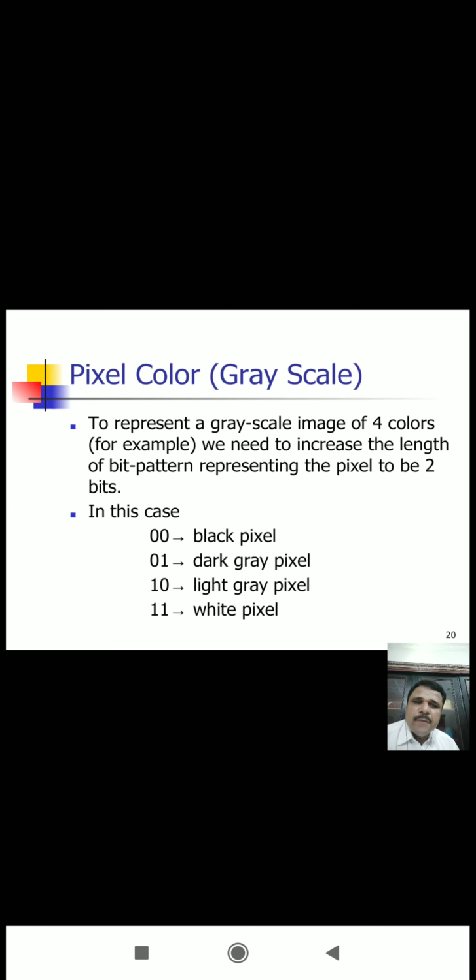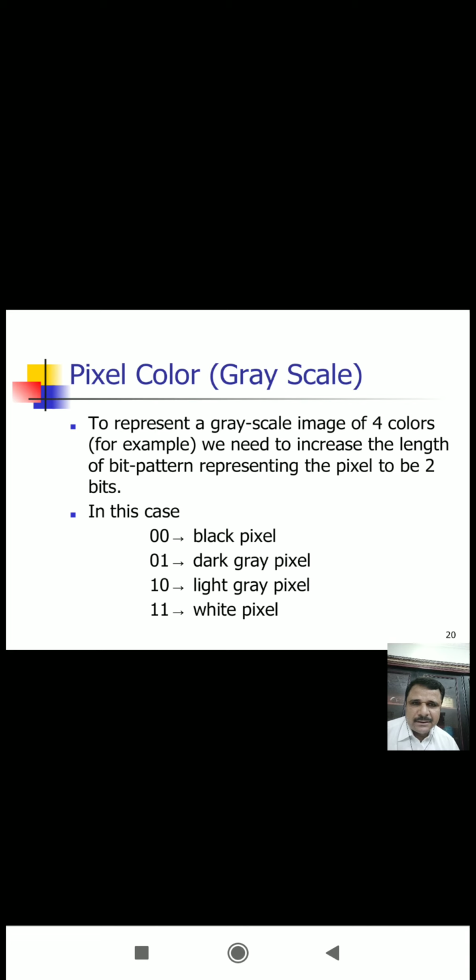Now the next type of image is the grayscale image. Unlike the black and white image, the grayscale image uses 4 colors. Obviously black and white, but in between there are 2 other colors, dark gray and light gray.